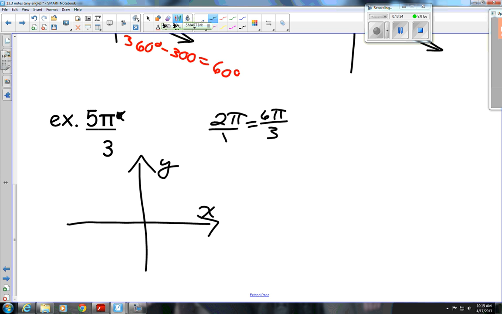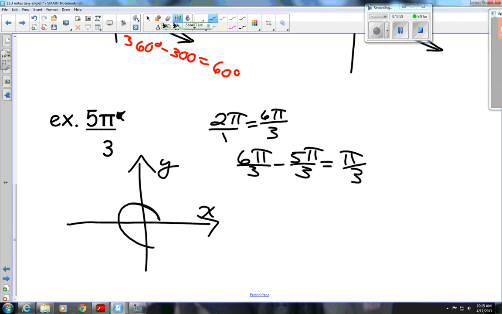5 pi over 3, is that more than once all the way around? Well, it's less. How much less? So if I take 6 pi over 3 minus 5 pi over 3, that's 1 pi over 3. Okay, so that's going to go, oh, it's positive, yeah.